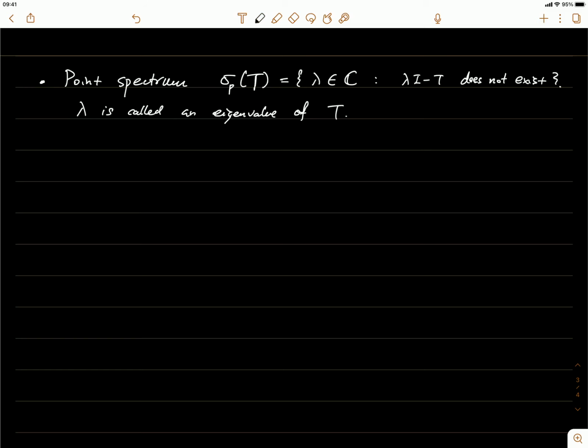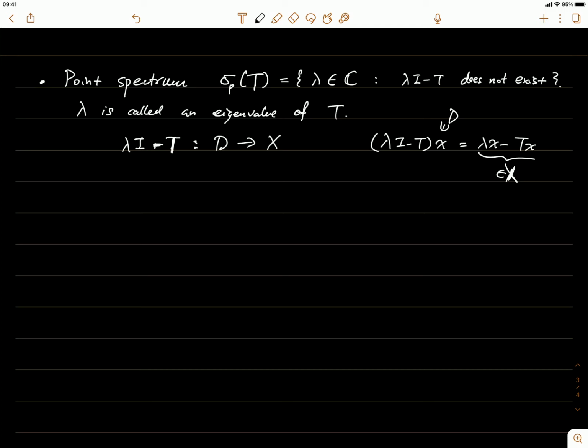So in this case, what do we mean by lambda I minus T is not invertible? Lambda I minus T is also a mapping from D to X, because T can only be applied to elements in D. So lambda I minus T applied to x, where x is in D, just means lambda x minus Tx, and this is something in X now.